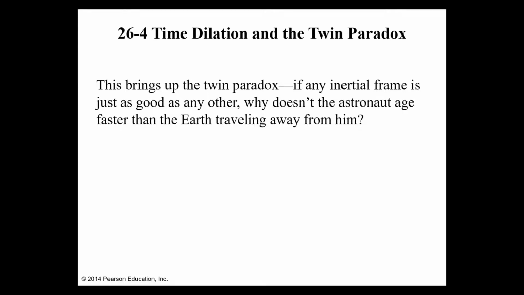And so while only 100 years has passed for him, 710 years have passed for us. Well, from the point of view of the astronaut, the Earth is what's moving at 0.99 times the speed of light. Why isn't it the Earth that only passes 100 years and the astronaut 710 years? So why isn't it the other way around?